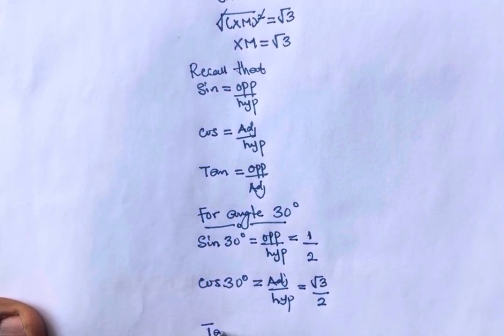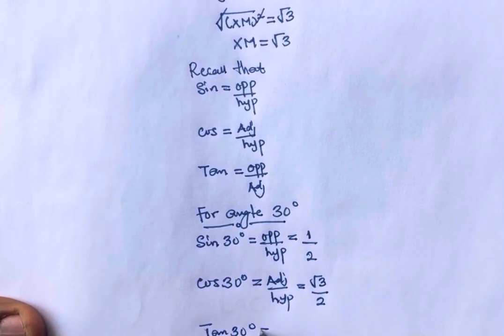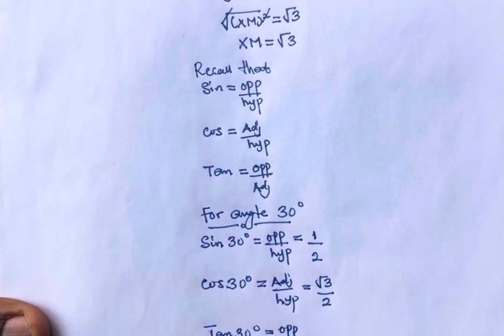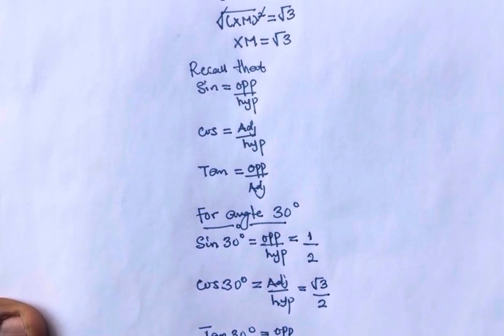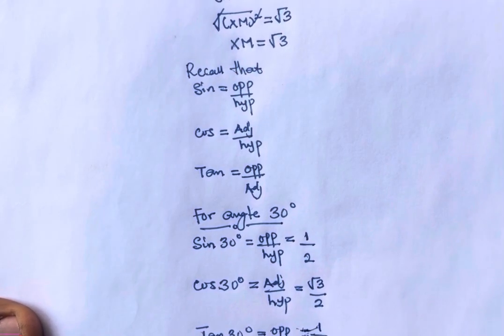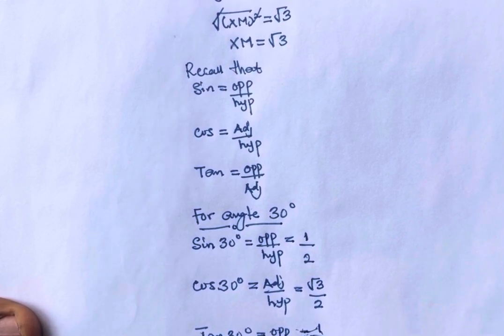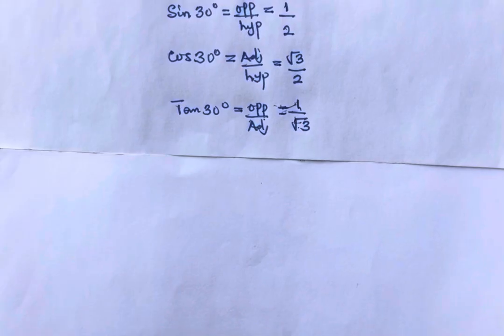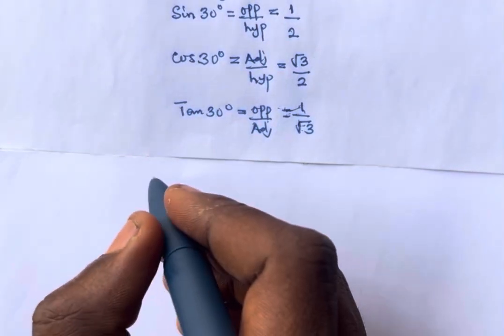Then our tan 30 degree is equal to opposite over adjacent. What's our opposite for 30 degree? That's 1. What's our adjacent for 30 degree? That's root 3. That's for angle 30 degree.